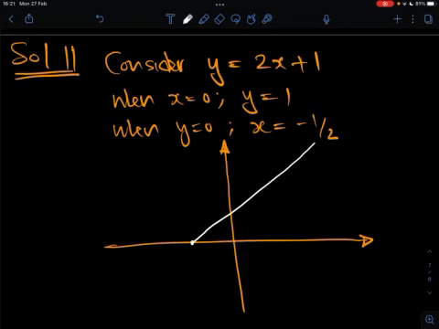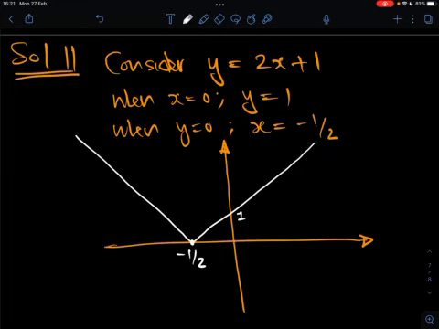But as soon as it reaches there, I remember that my goal is to plot an absolute value, not the original function. So instead of continuing to the negative side, I take that part which was supposed to be negative and reflect it back. Here I still sit at negative half, and here I sit at 1.